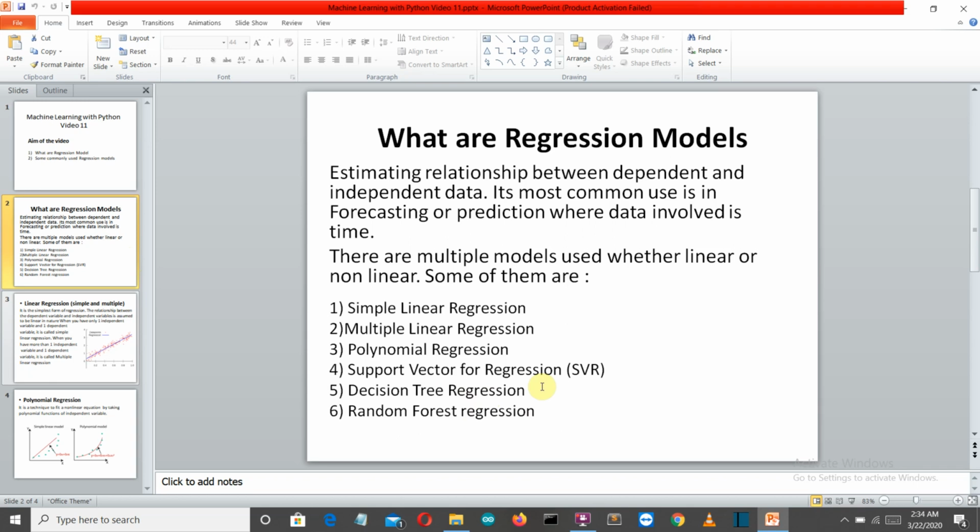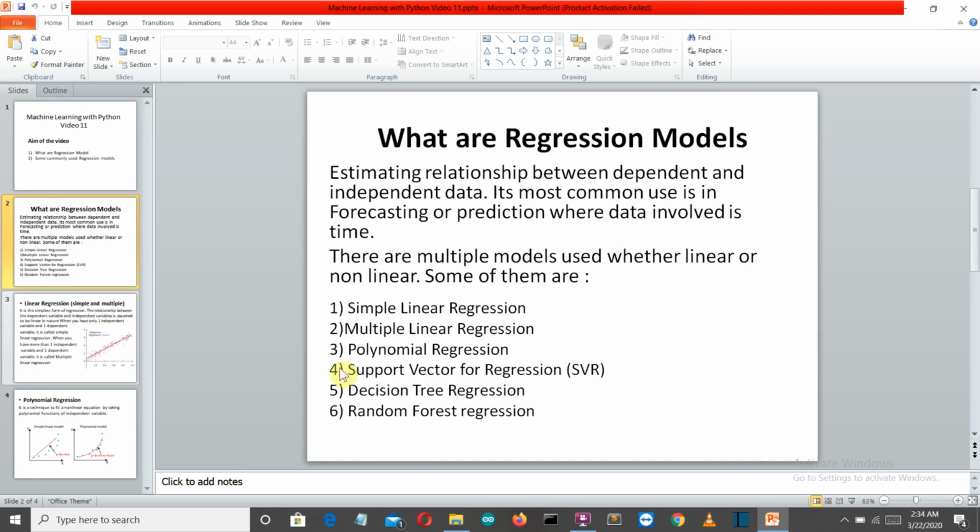We'll discuss all of them in separate and dedicated videos, but in this video I'm gonna take the first three, which are simple and multiple linear regression and polynomial regression, so that you can get an idea of what regression models actually are. We will discuss all of them and a few more models in detailed videos separately.